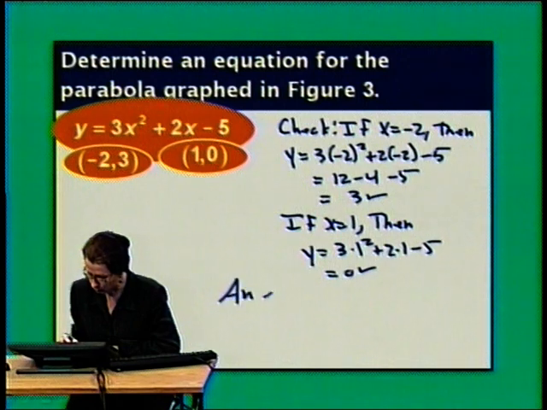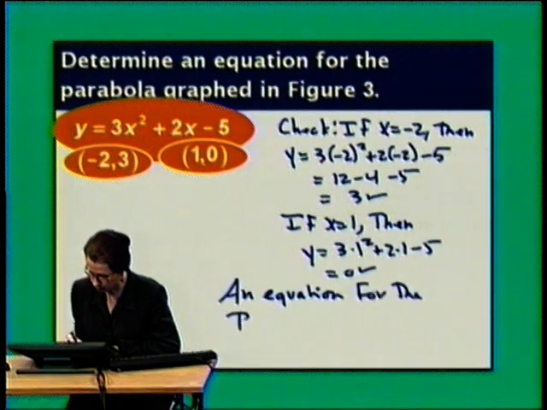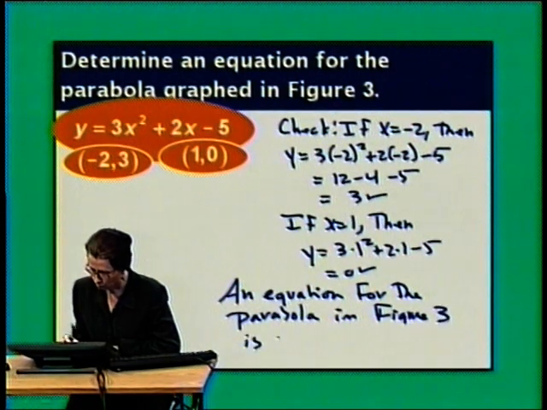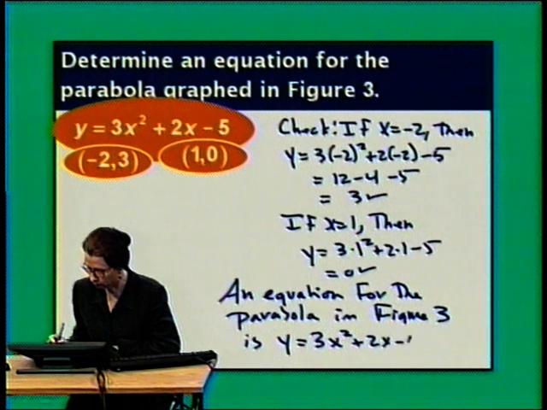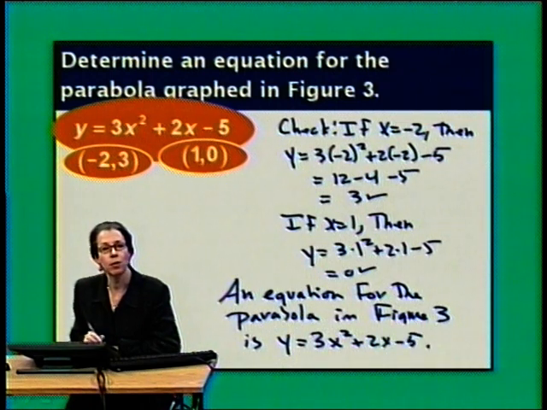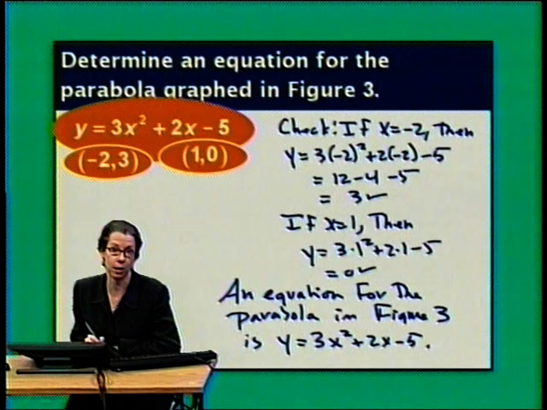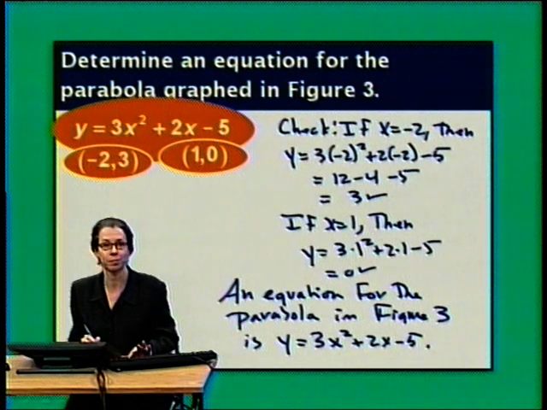So an equation for the parabola in figure 3 is y equals 3x squared plus 2x minus 5. Now the reason why I'm saying this is an equation rather than the equation is we've seen that there's more than one form to write the equation of a parabola. We can use standard form like in this example, or vertex form like in the first 2.